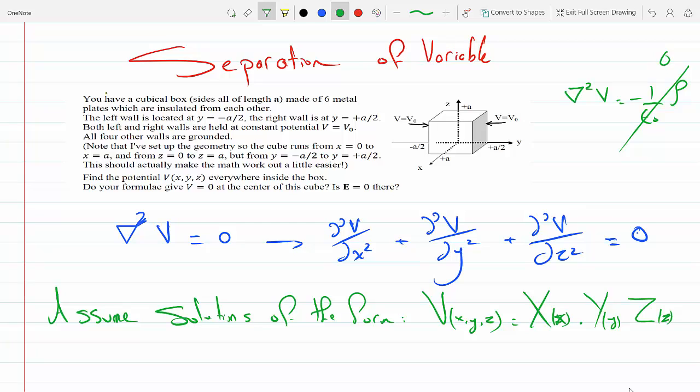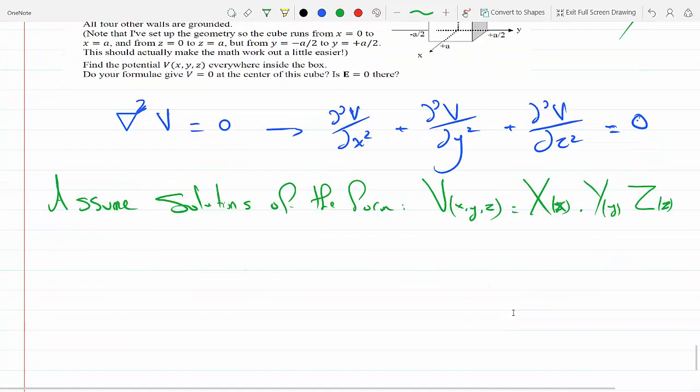We'll get to spherical coordinates later, that's for spherical shapes, and cylindrical coordinates for cylindrical shapes. But in a box it's convenient to use rectangular coordinates. That's why we set this equal to 0, confining our problem to places outside the charge distribution.